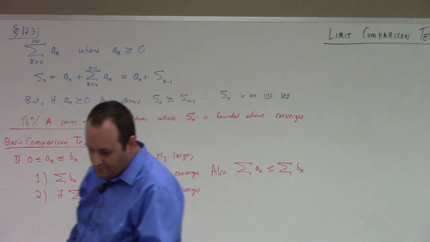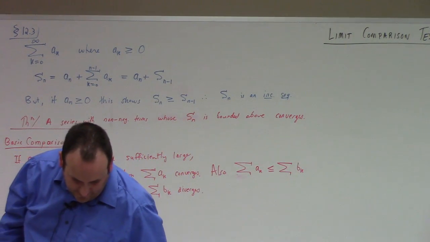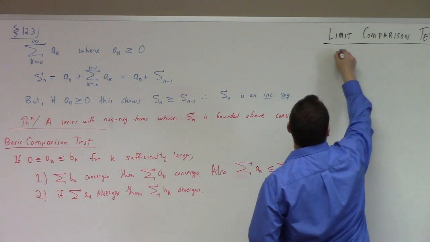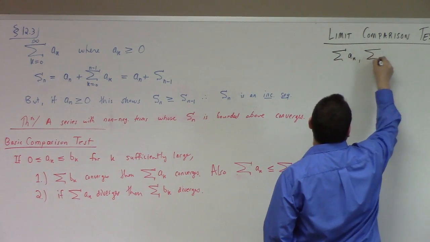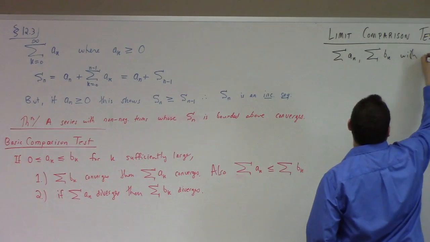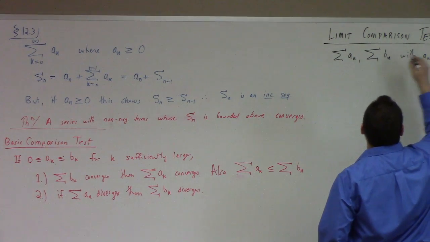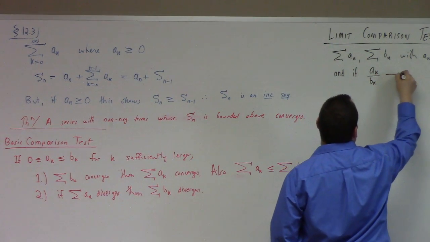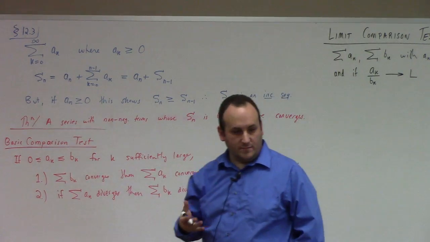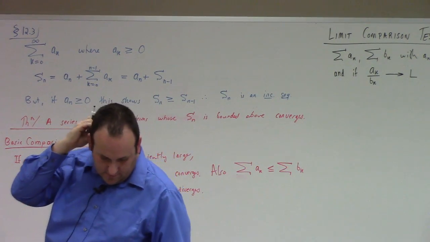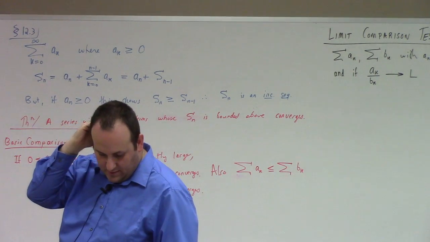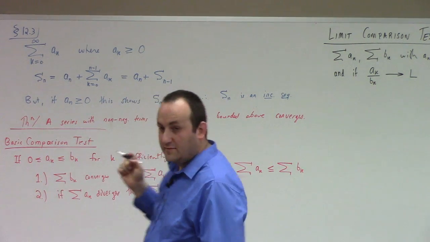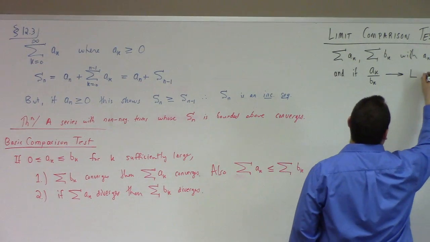Well, if you have, again, series with, this time series with positive terms, and if a sub k over b sub k goes to L, where L is a positive real number, then the sum over a sub k converges if and only if the sum over b sub k converges. So L is greater than 0.